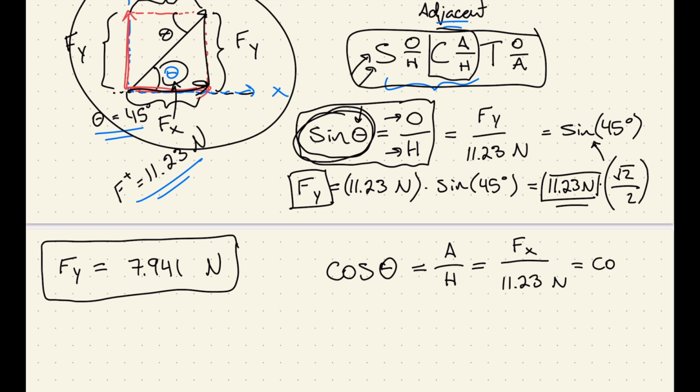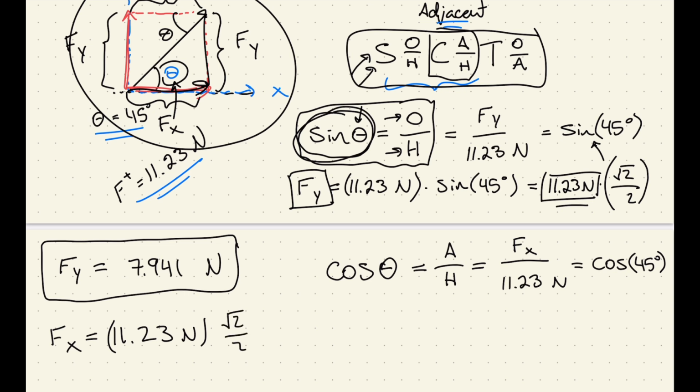Again, we can plug in cosine of 45 degrees because we have that angle. We can multiply both sides by this 11.23, and we can get an equation for Fx is equal to 11.23 newtons times cosine of 45 degrees. What is that cosine 45 degrees?